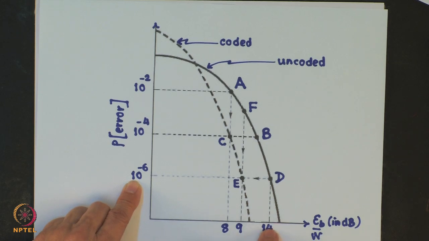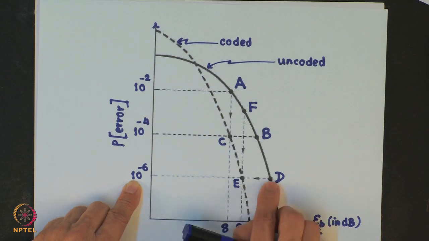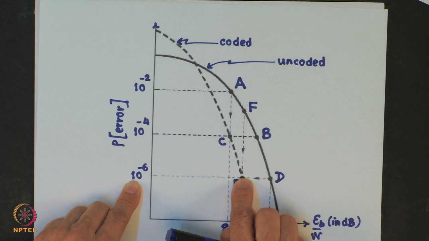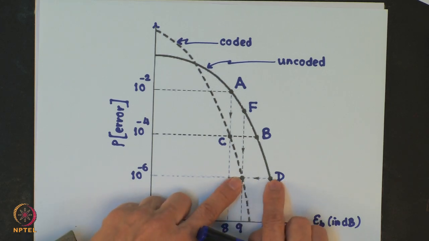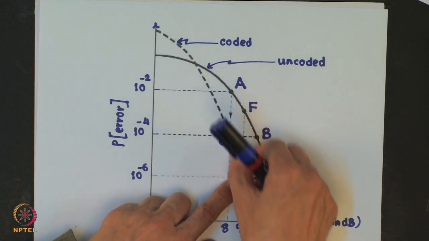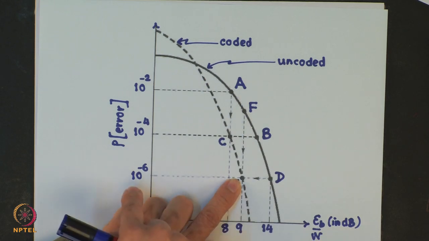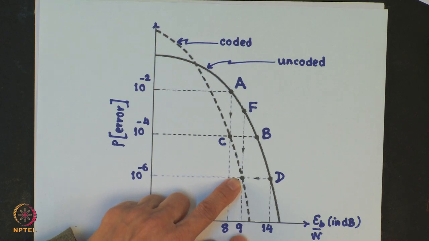So, in that case we will have to bring down SNR per bit, but we also want that error performance should not suffer. So, in that case what we could do, we could move from point D to point E. Now, when we move from point D to point E, which is now the coded system, the error performance remains the same 10 raised to minus 6, but now we get SNR per bit requirement to be just 9 dB.